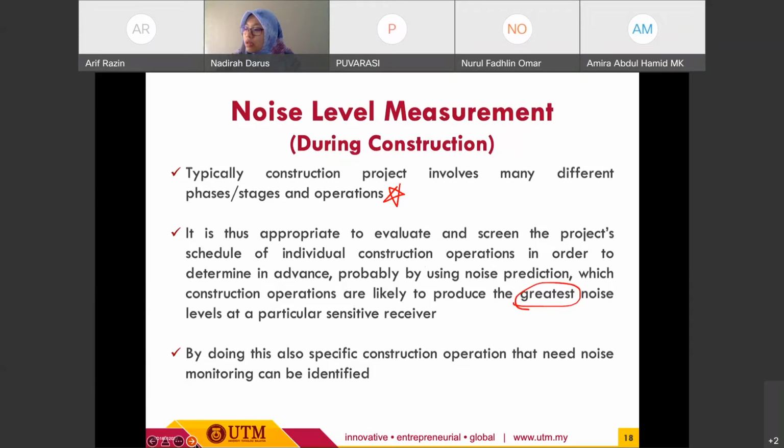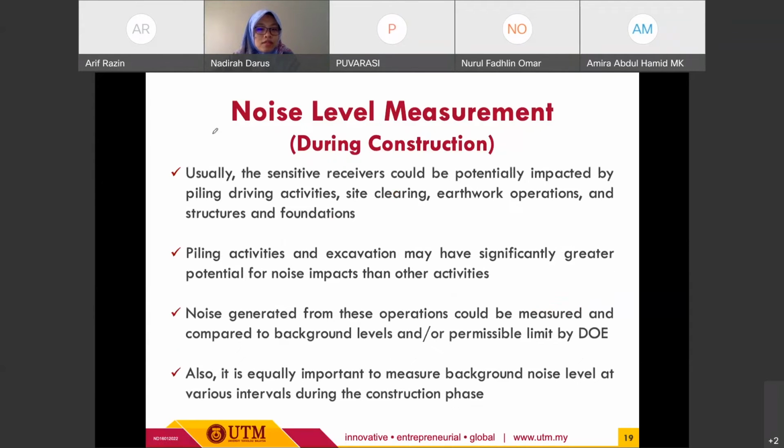Next we have this one. A continuation, dia punya description lagi untuk during the construction. Maksudnya measurement during the construction. So this one usually sensitive receiver lah. Sensitive receiver selalunya boleh jadi resident dekat perumahan, student ataupun pelajar sekolah.